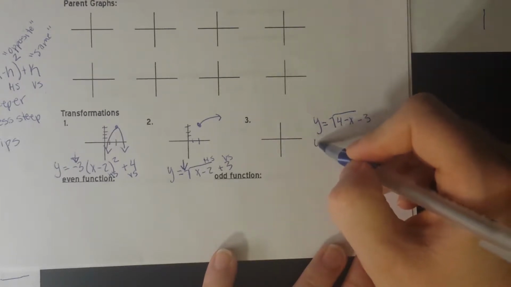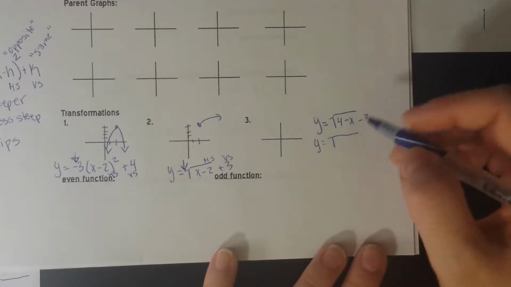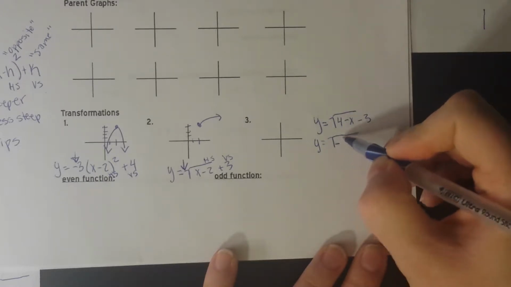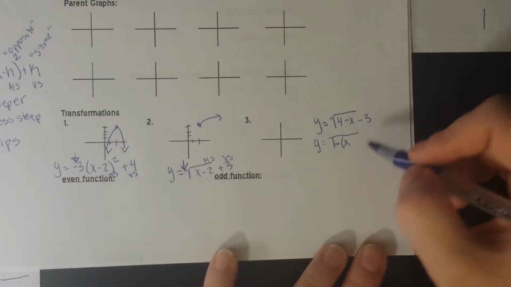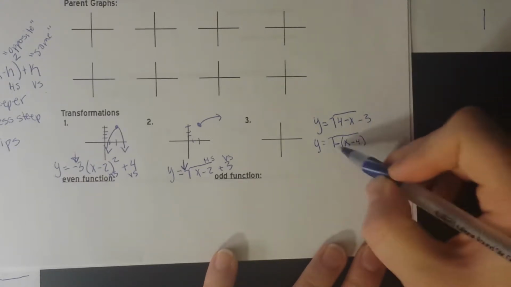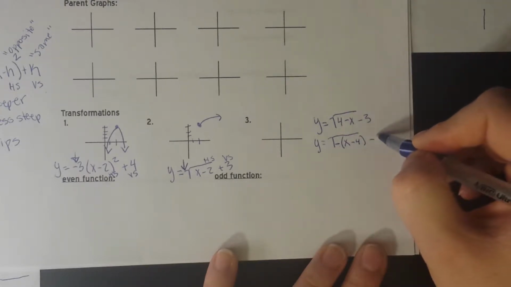So I'm going to change the order. Y equals square root. Changing the order, I'm going to pull a negative out front and put the x first. Negative x, but if I pull a negative out front, it makes this negative 4, because a negative times a negative would be a positive 4. And then outside the radical, minus 3.